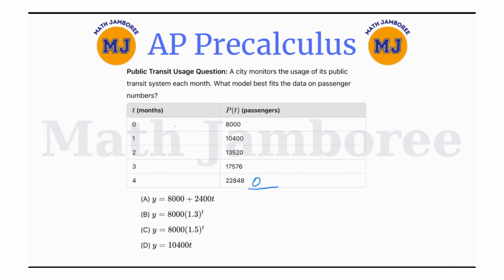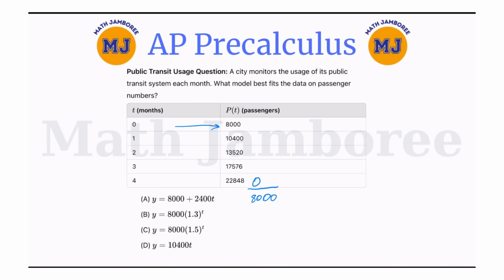So when we substitute 0 for T, we're supposed to get 8,000. Let's check that in the choices. 8,000 plus 2,400 times 0 is 8,000.